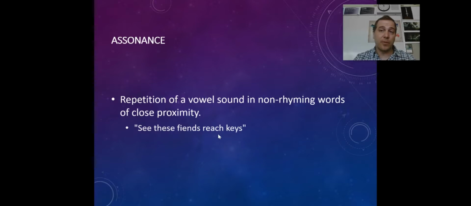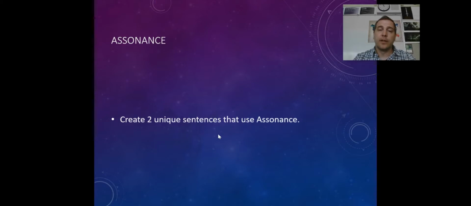Assonance is going to be one of the hardest for you to recognize because vowels make so many different sounds in English. So, same thing, see if you can practice this. See if you can create two unique sentences that use assonance. Okay, and remember, you've got to trust your ears, not your eyes.